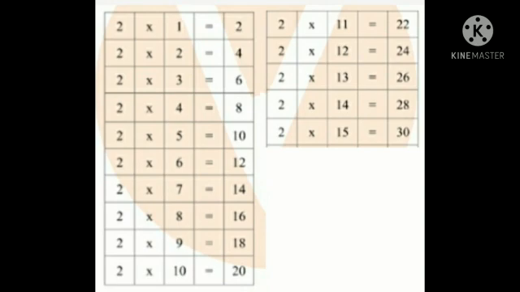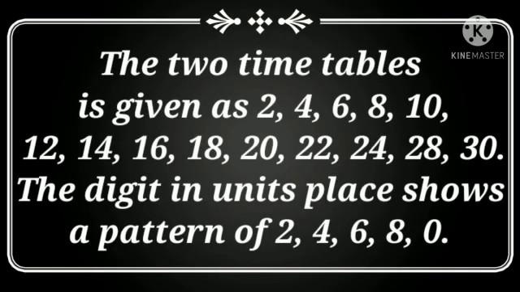So students, what you have learnt from this table? Yes, the 2 times table is given as 2, 4, 6, 8, 10, 12, 14, 16, 18, 20, 22, 24, 26, 28 and 30. So the digits in units place shows a pattern of 2, 4, 6, 8, 0, 2, 4, 6, 8, 0 and so on.